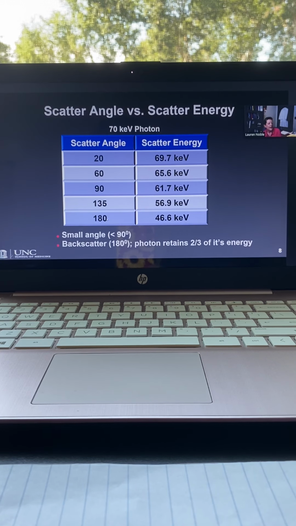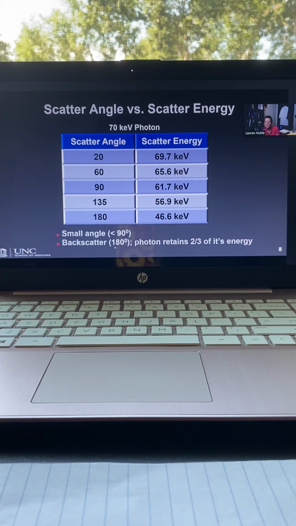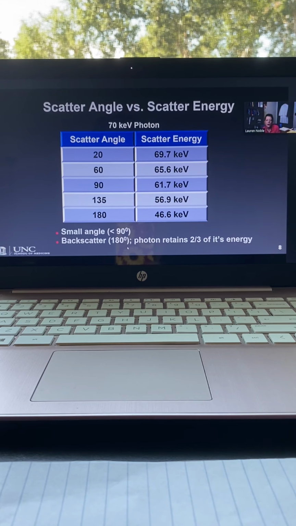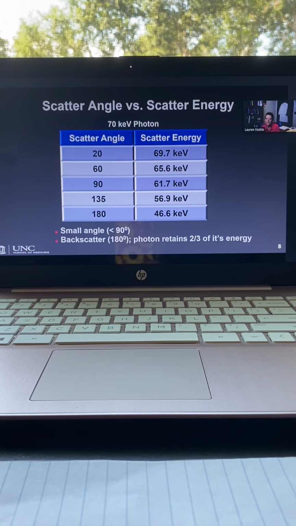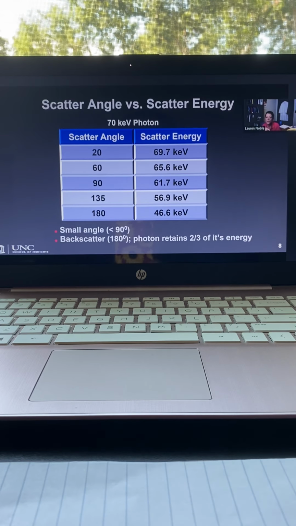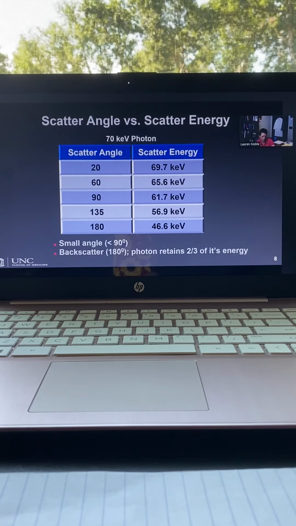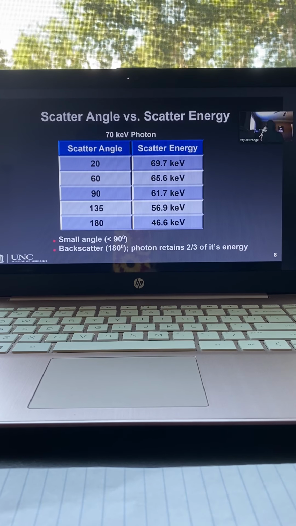Once we get a scatter angle of 180 degrees, it's referred to as backscatter. What does backscatter mean? What is that incident photon doing? It interacts with an electron. We have a change in direction. So now what does that scatter photon do in terms of its direction? If it's called backscatter, what direction is it taking? It's going backwards.